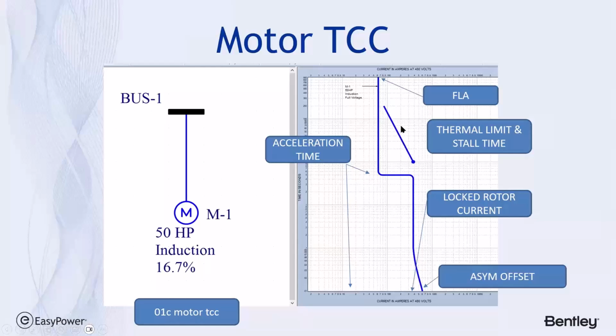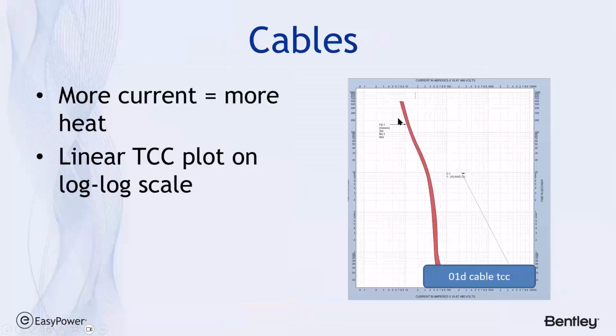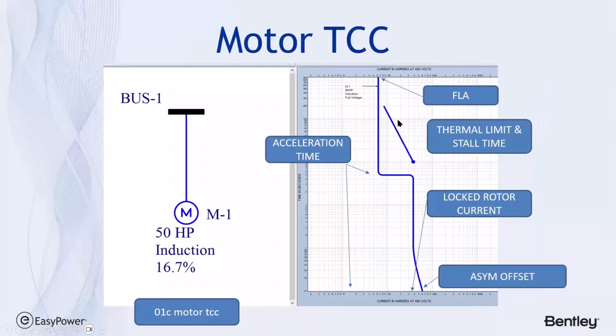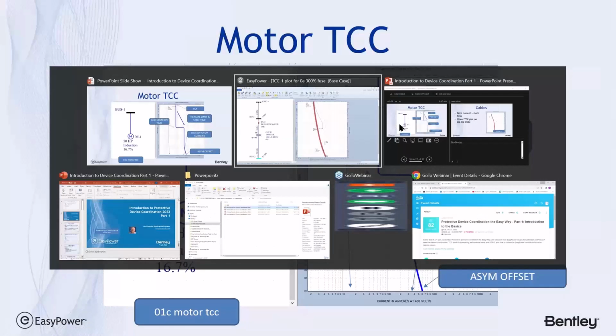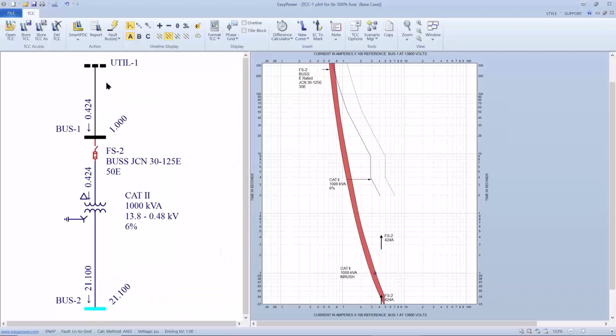Any time current plot above and to the right of this straight line could potentially cause mechanical damage due to the heat. It's one of those things you just don't want the motor to experience. So let's look at a motor TCC.